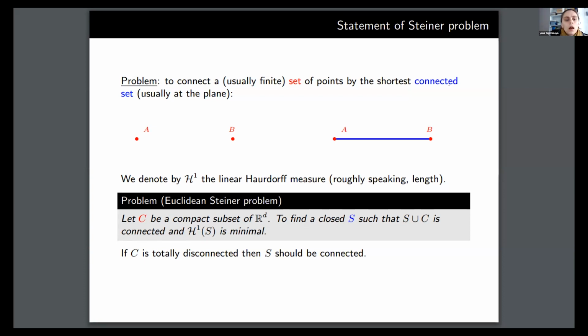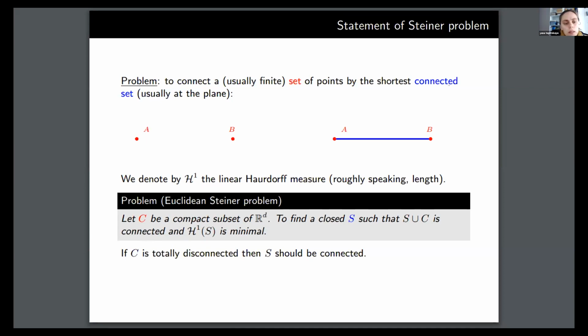So there are a lot of statements of the Steiner tree problem. One of these is the following. Let us have a compact subset C in Euclidean space. Then we are looking for a closed set S such that the union of S and C is connected, and the one-dimensional Hausdorff measure of S is minimal.